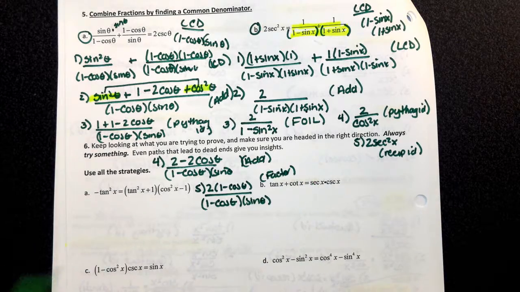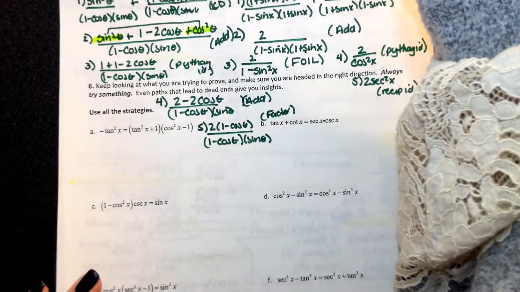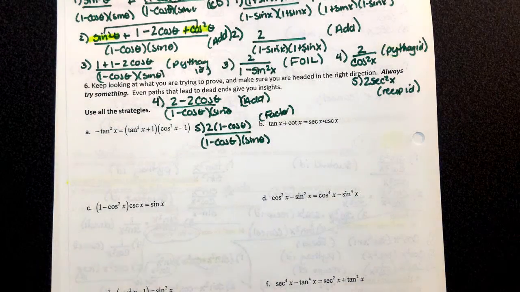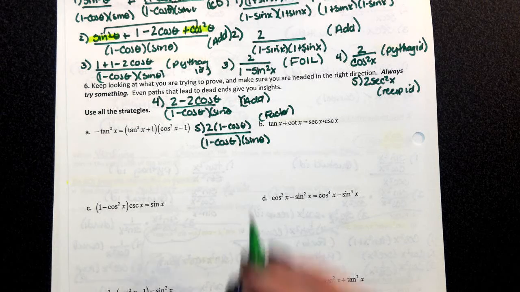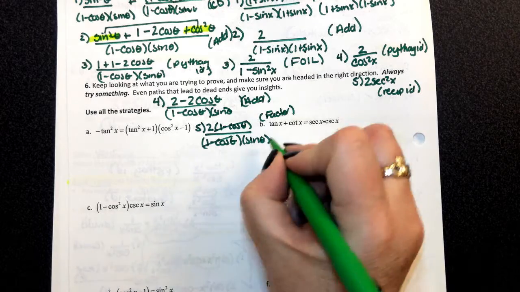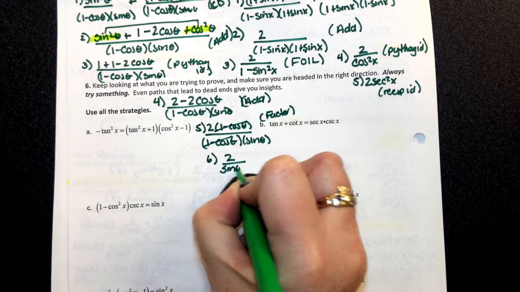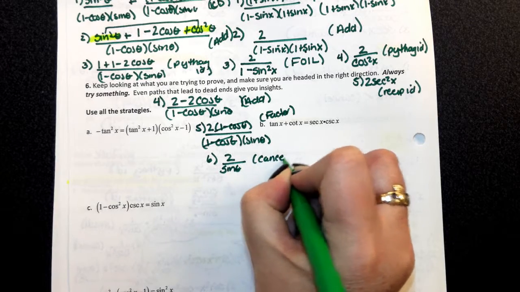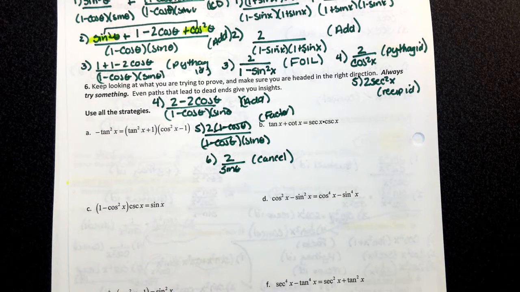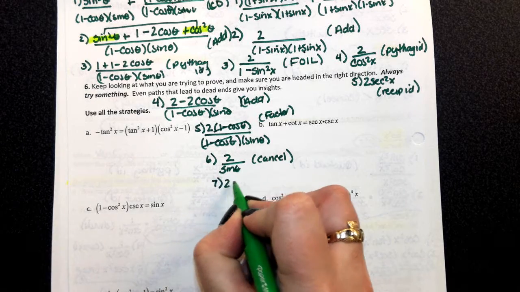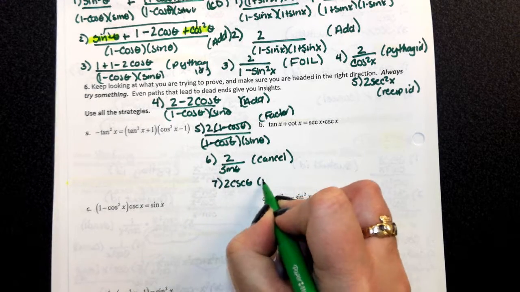Now, after you factor out the 2, what do you notice you can cancel out? 1 minus cosine theta. Now, like I mentioned, 1 over sine theta is equal to what? Cosecant theta. So then you're done. So 2 times your cosecant of theta by your reciprocal identity.